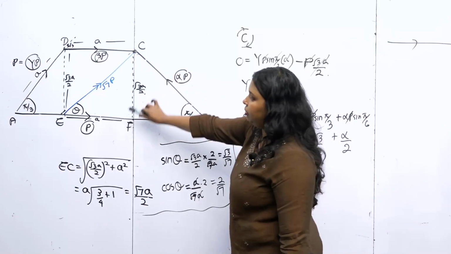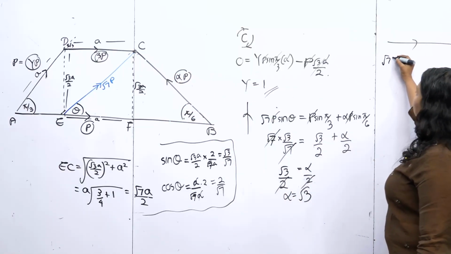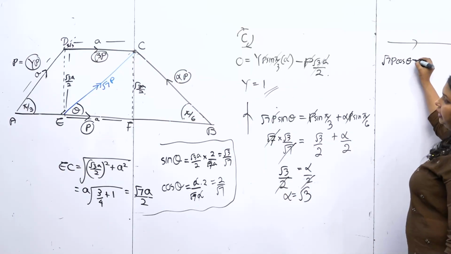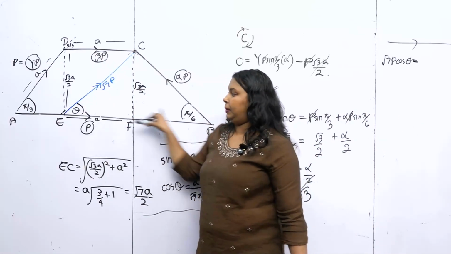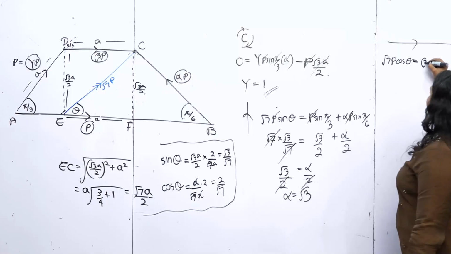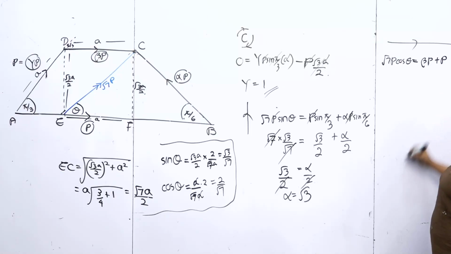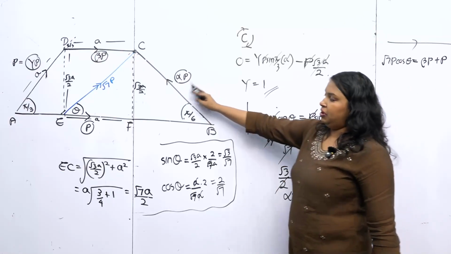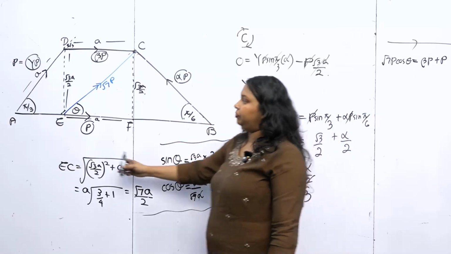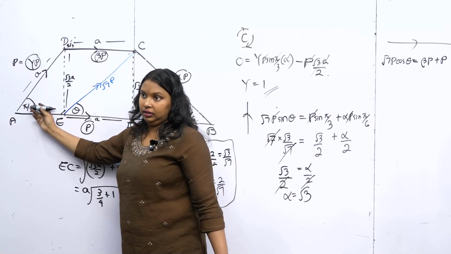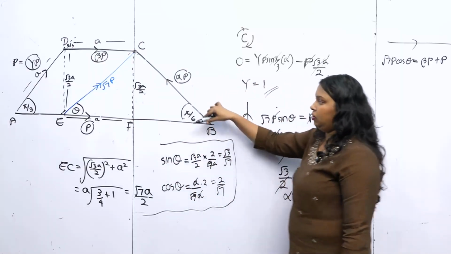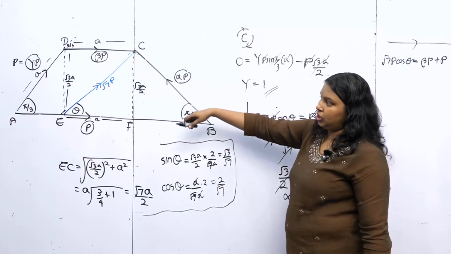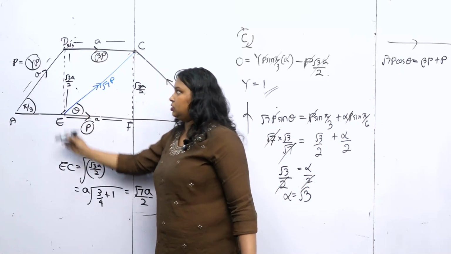Root 7p cos theta is equal to the other horizontal forces, beta p plus p, alpha p cos 5/6, gamma p cos 5/3. That one goes in the other direction. This alpha p cos 5/6 is in this direction, gamma p cos 5/6 in this direction.